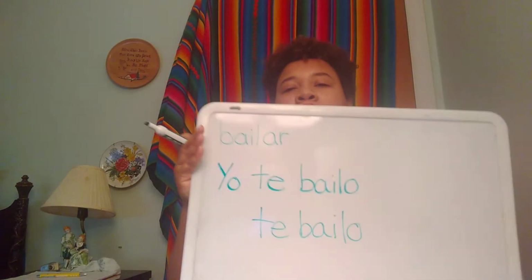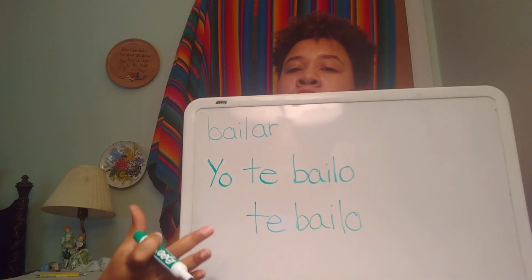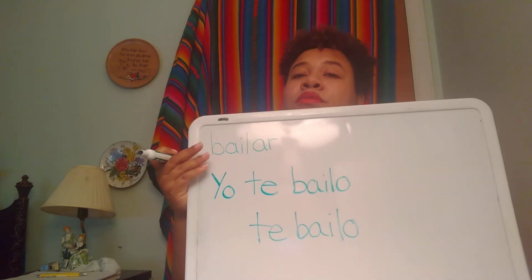So, yo, that's I. And then te, that's you, the direct object pronoun. Bailo, that's I dance. Or you can omit the personal pronoun and just say te bailo. So you have bailar, which is to dance. Yo te bailo. Te bailo. I dance with you.